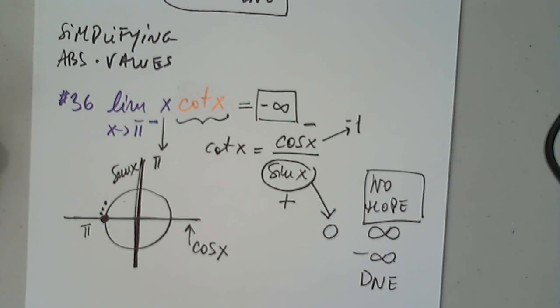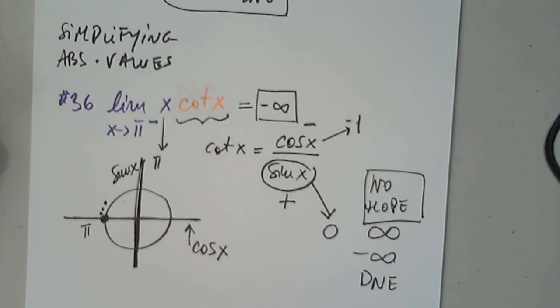But these are specific situations. If it's from one side, it's normally infinity or negative infinity, one or the other. But if it's from either side, it could be DNE. But this is a very, very specific situation in which from this side is DNE, from this side exists. Okay, good.